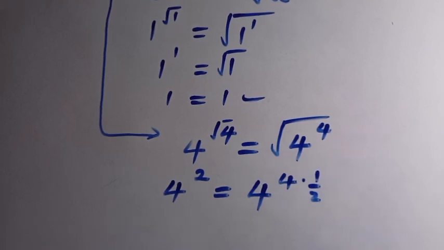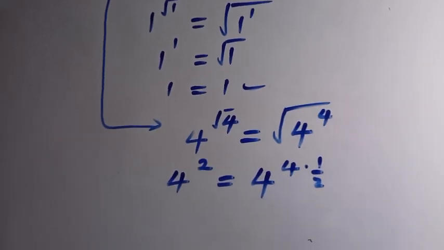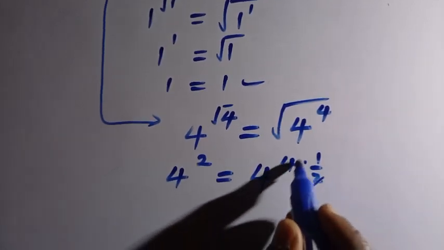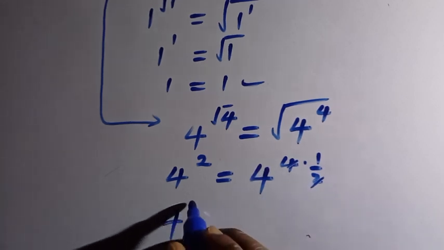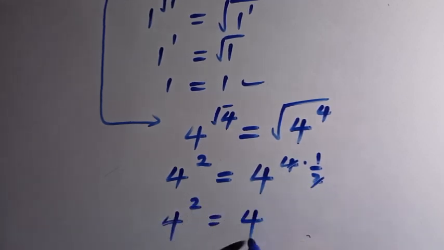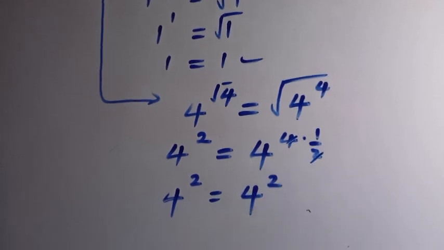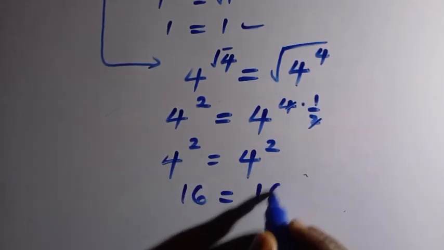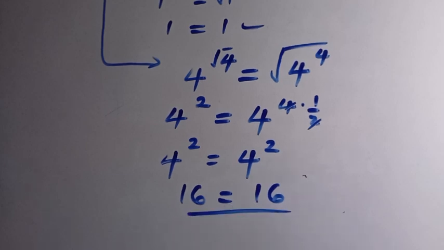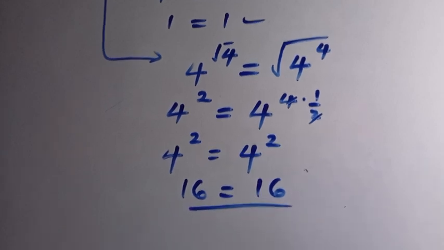So with this one, we can see that 2 cancels 2, and we have 2 here. So here becomes 4 raised to power 2 equals 4 raised to power of 2. Which shows that 16 equals 16. The left hand side equals the right hand side. So this is also proved right.